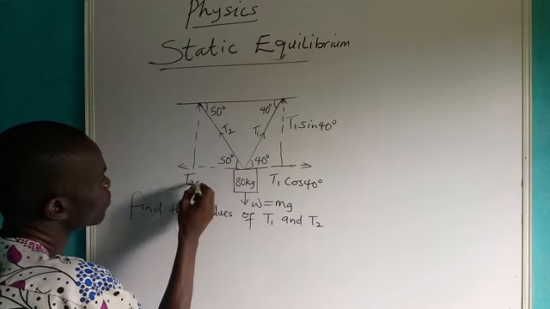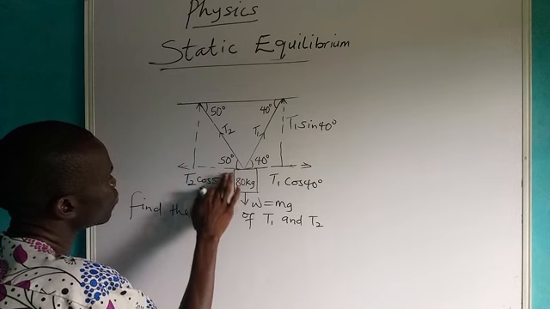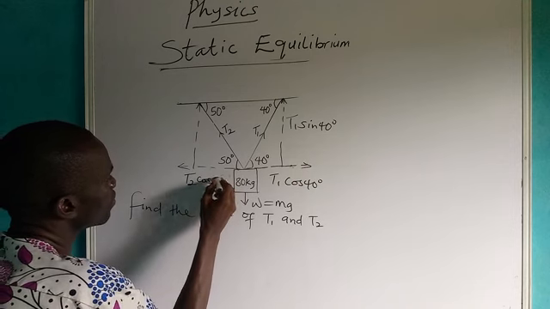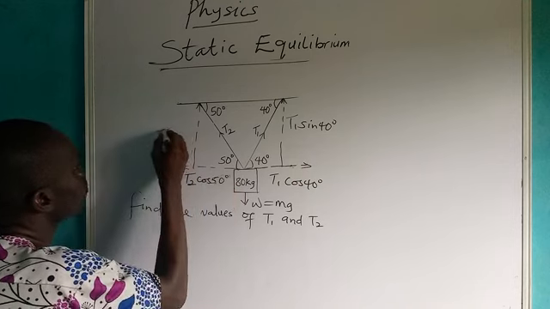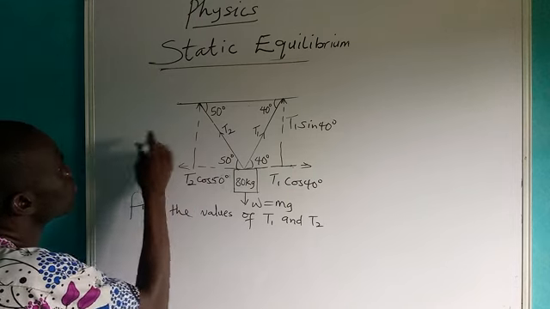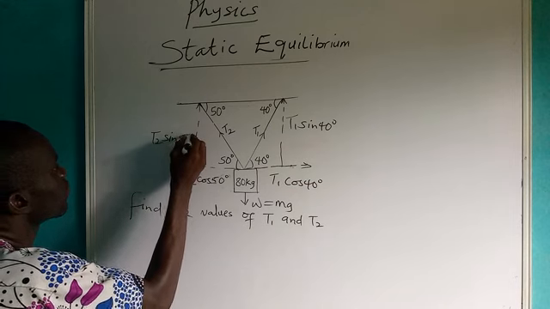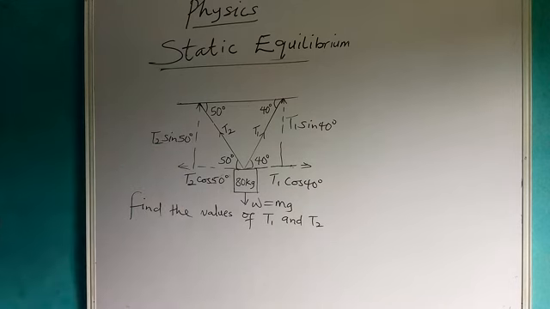It becomes T2 cos 50 degrees here, and this one here will also be T2 sine 50 degrees. Now we have a complete system, meaning we can solve better.